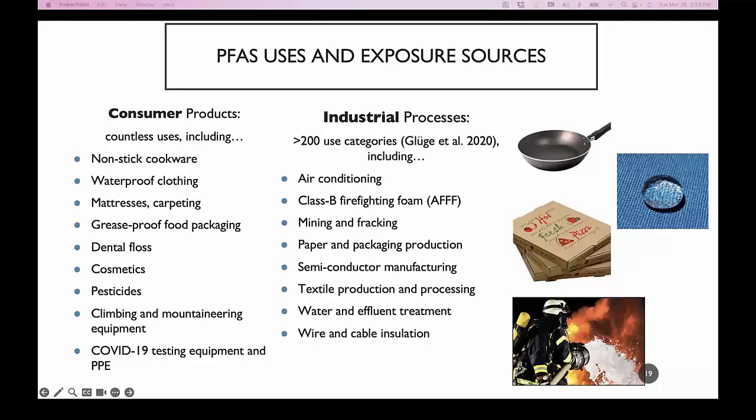So think about an oil or gas fire. You want to have a firefighting foam that spreads out very effectively. PFAS have really excellent surfactant qualities that allow them to become very efficient additives to these firefighting foams.